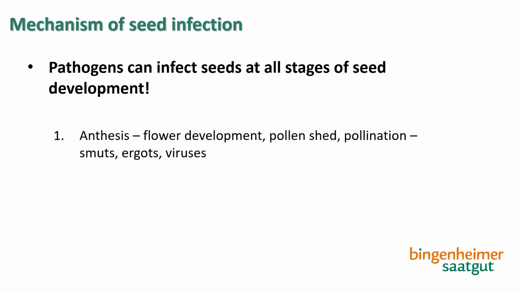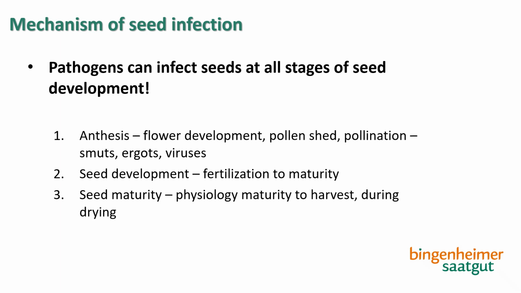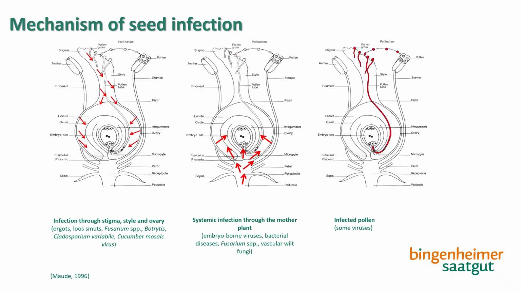During anthesis, the period of flowering, pollen shed, and pollination, pathogens such as smuts or ergots and viruses may infect seeds. During seed development, systemic infection can establish through the mother plant, carrying the pathogen into developing seeds. And finally, during seed maturation and drying, pathogens may infect or proliferate, also post-harvest.